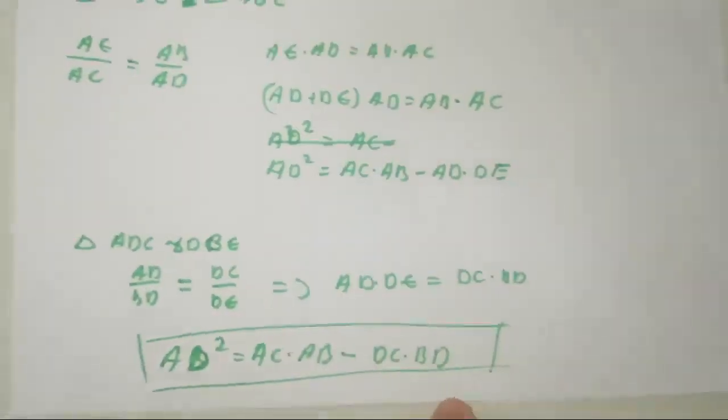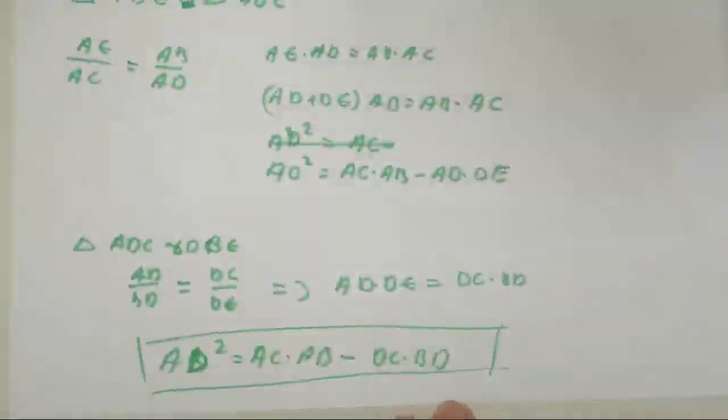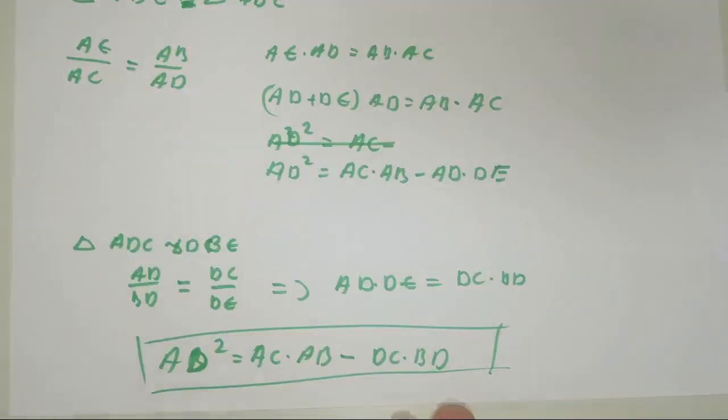The other part is this one. These two triangles are also similar, ADC and BDE. Then we have this proportion: AD over BD is DC over DE, which means that AD times DE is DC times BD.